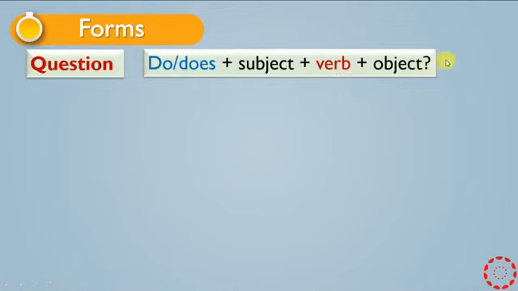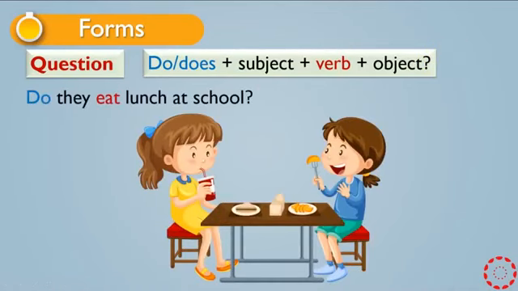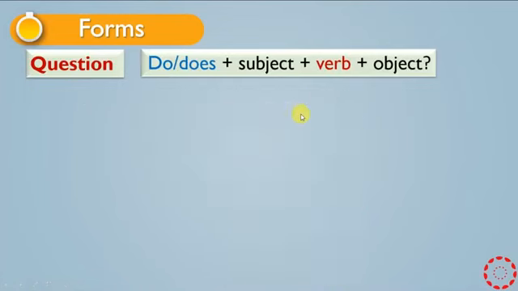And be careful, at the end of this sentence we have a question mark. Look at this example. Do they eat lunch at school? We can answer this question with a short answer. We can say yes, they do or no, they don't.